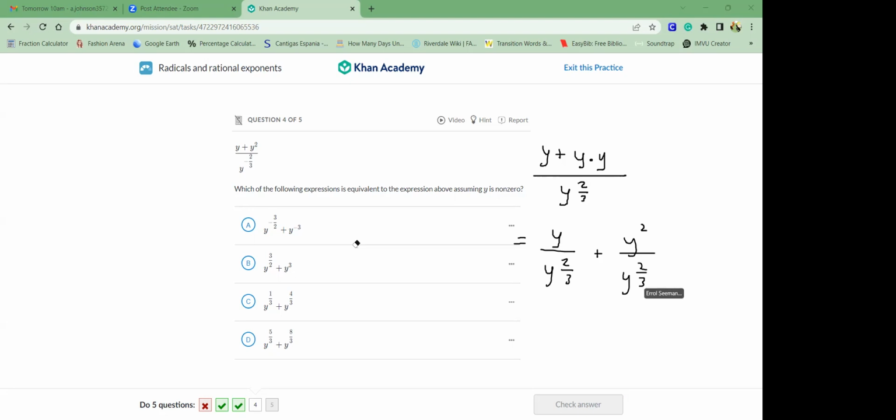It's kind of like 3 plus 5 over 2, right? That's the same thing as 3/2 plus 5/2, right? The 2 goes into both of them, right? So same thing with the algebra. So what is that line simplified?